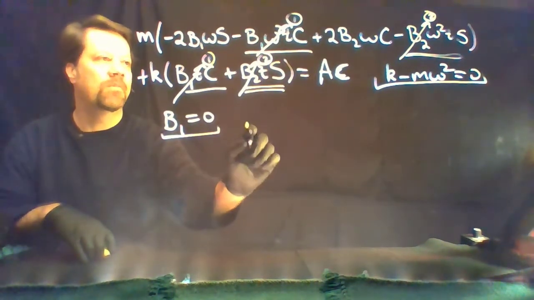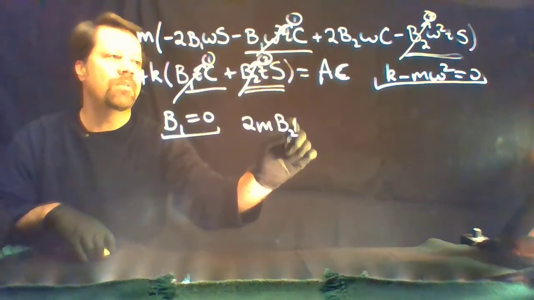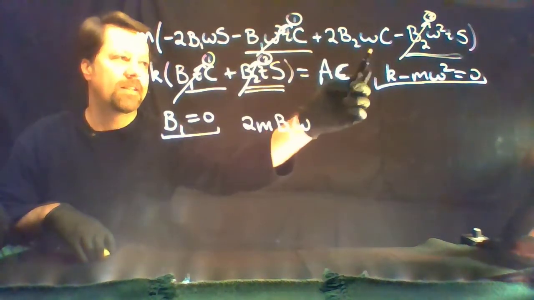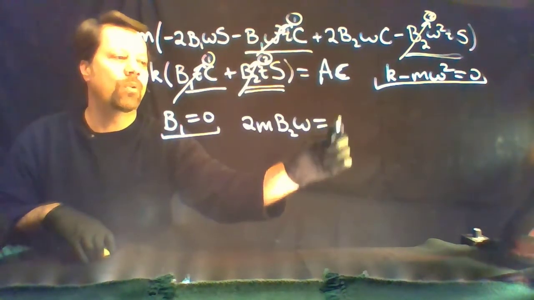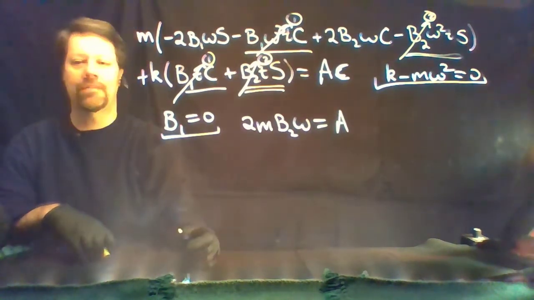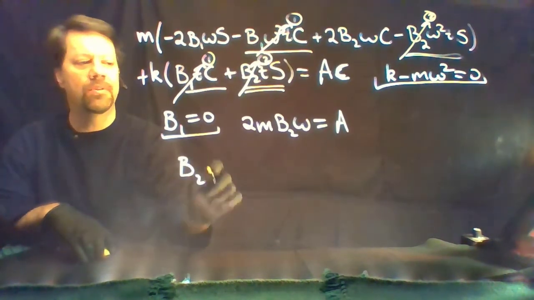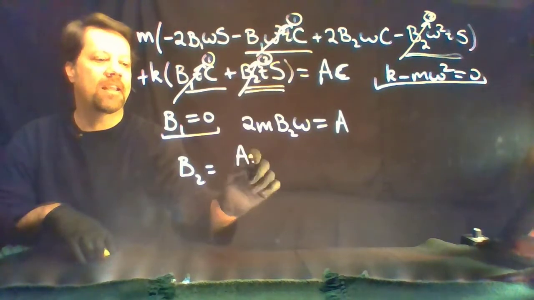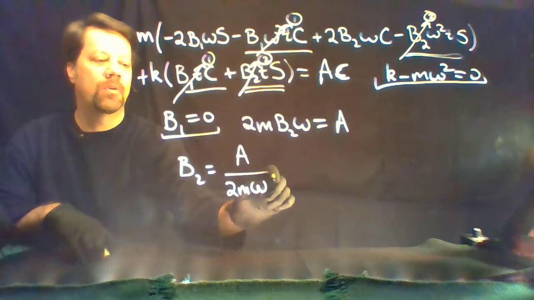However, we get 2m b2 omega, but that's the coefficient of cosine on the left. That must be equal to a, the coefficient of cosine on the right. We deduce then b2 is a divided by 2m omega.